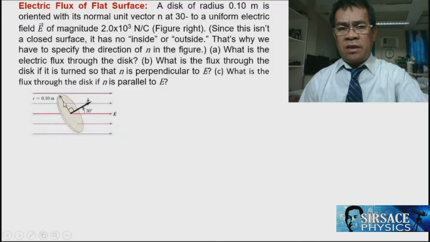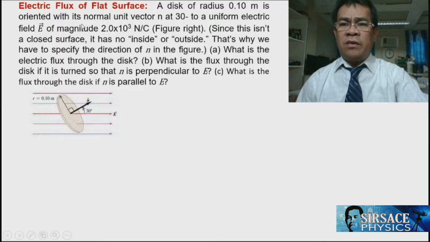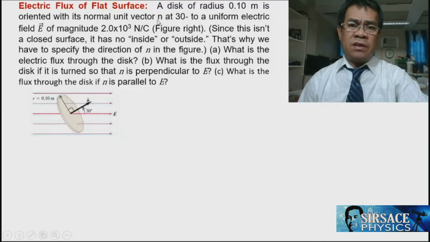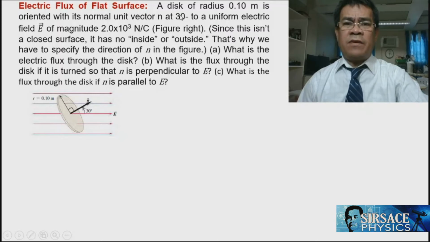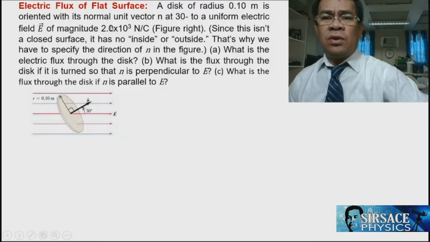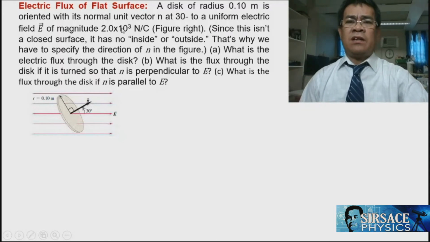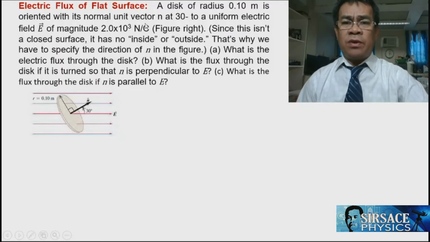Oriented with its normal vector n, and this is oriented at 30 degrees from the uniform electric field. The electric field is uniform and given as 2 times 10 raised to 3 Newton per coulomb.